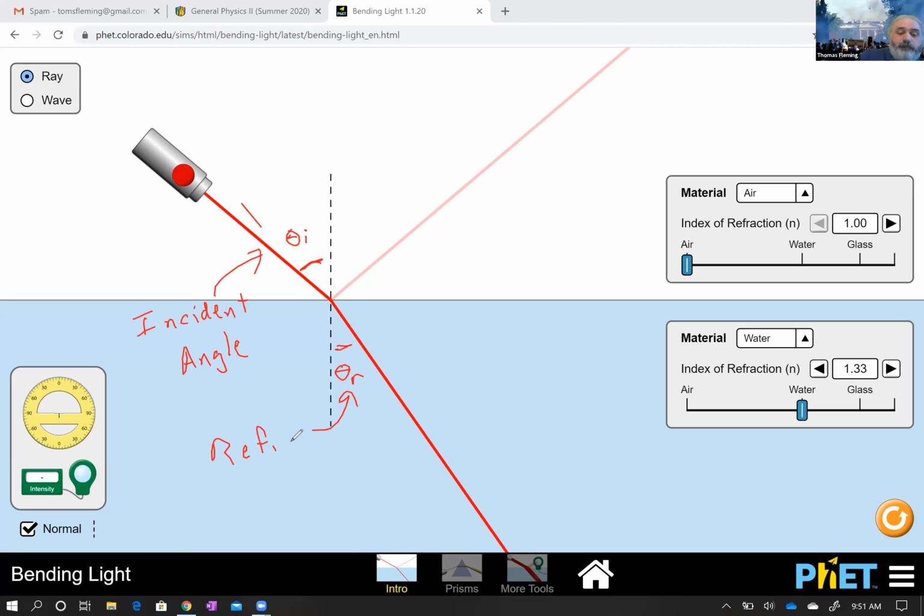We could also, by the way, deal with this reflected beam over here. We can measure this angle and call that the reflected angle. So the angle of incidence, the angle of refraction, and the angle of reflection.